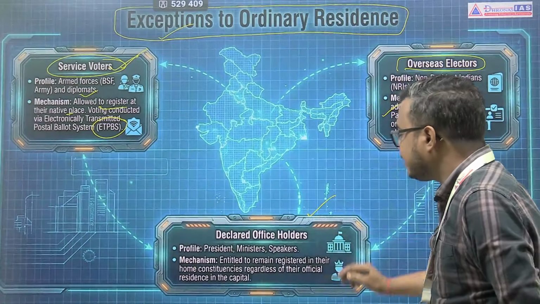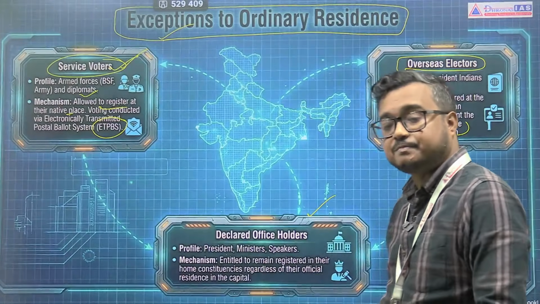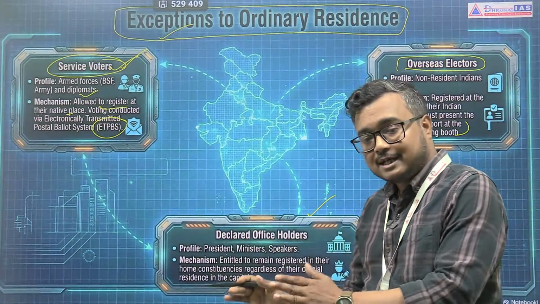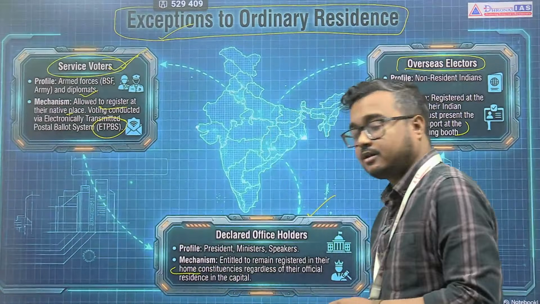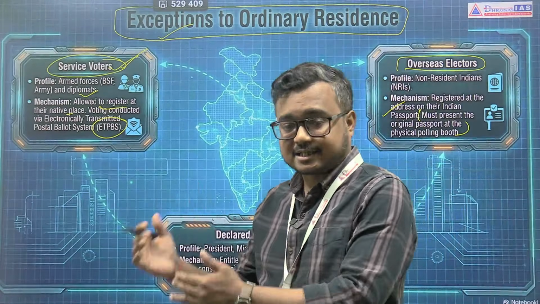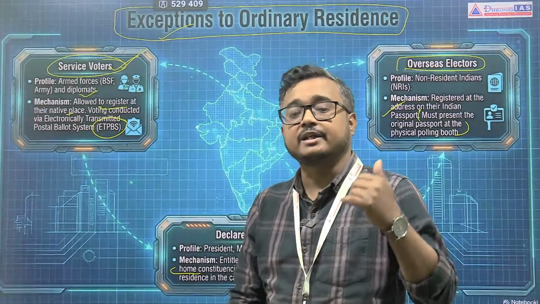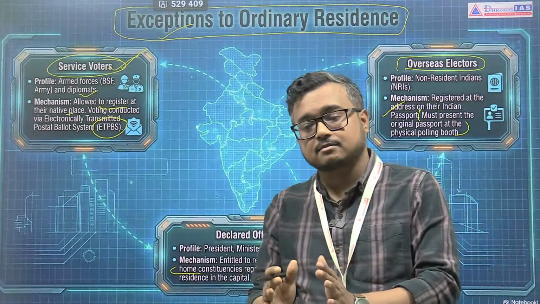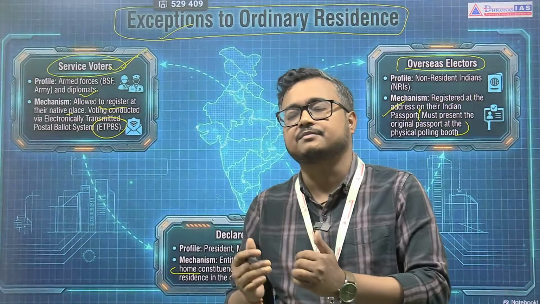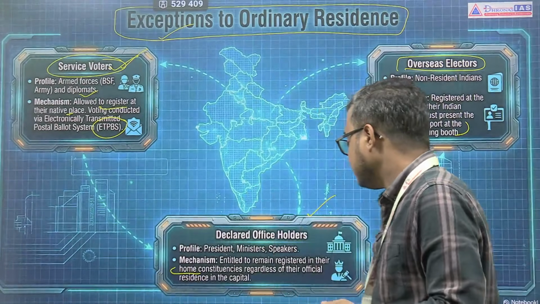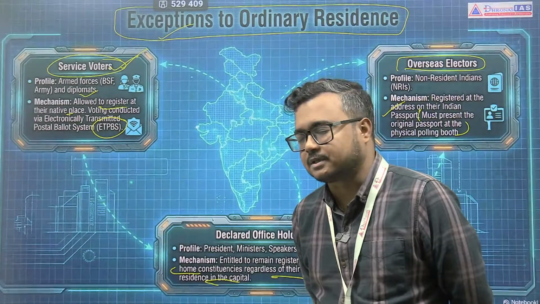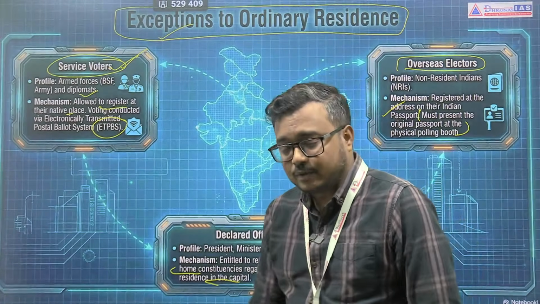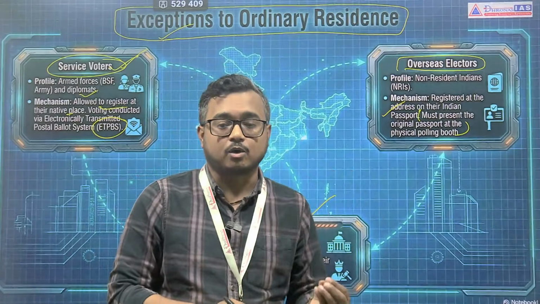You simply live outside. The other category is declared office holders. For example, president, minister, speaker, declared office holder. They can register at their home constituency. For example, if somebody is from Assam, but he is now a minister at Delhi, he can register himself at Assam only. The residence doesn't matter. He will stay at Delhi for ministerial work, obviously.